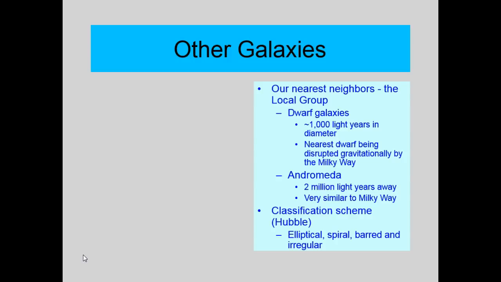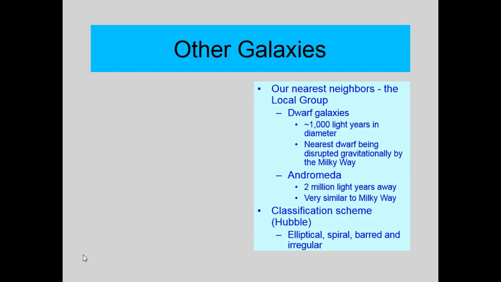The next major galaxy out there is Andromeda. Y'all probably don't remember the book The Andromeda Strain. It was a weird science fiction book written by a really famous author. I think Michael Crichton, I believe, is the one who wrote it. It was really bizarre back when I was in school. It's 2 million light years away.